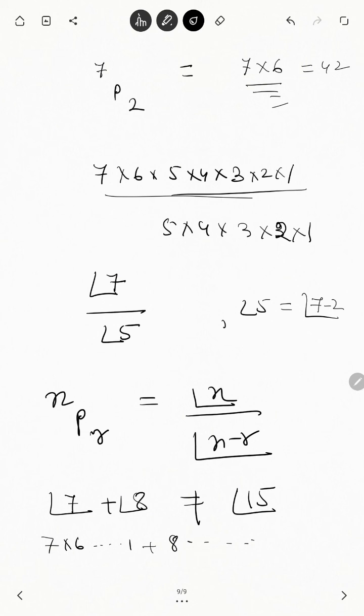You can prove that. So we have formulated the number of arrangements out of n total objects taking r at a time, not all at a time. This is factorial n upon factorial n minus r. That's all.